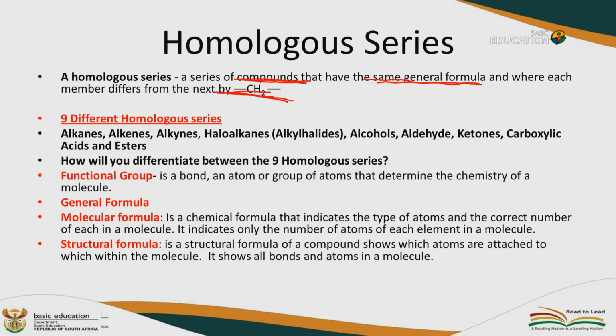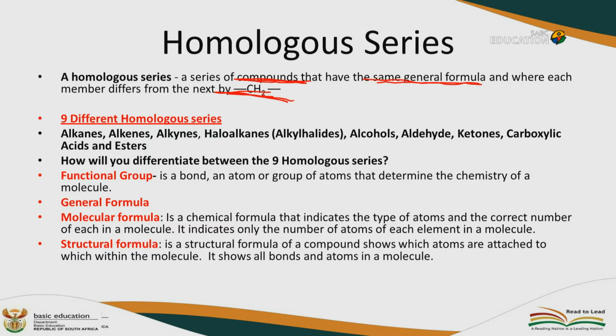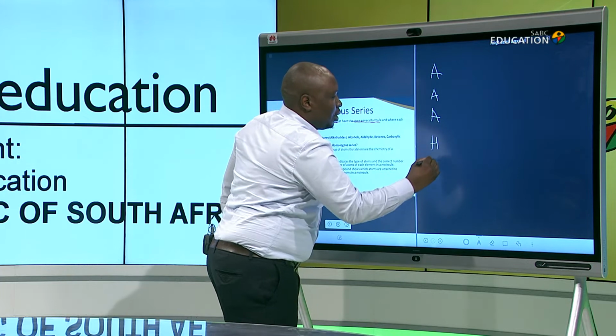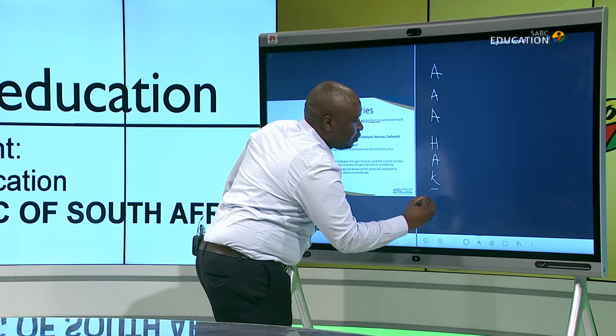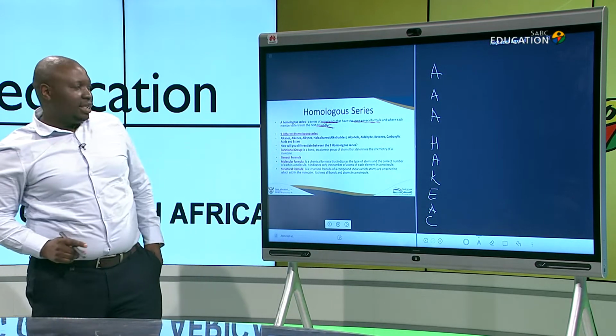We said we have 9 of them. So look at them. They are in this way to say the 9 homologous series that we are referring to. I say AAA, H, A, K, E, A, just for you to be able to remember these 9.